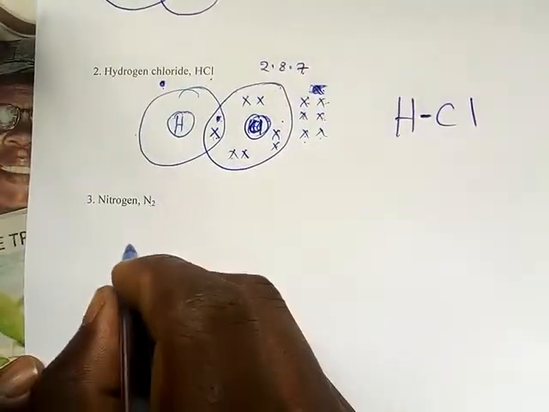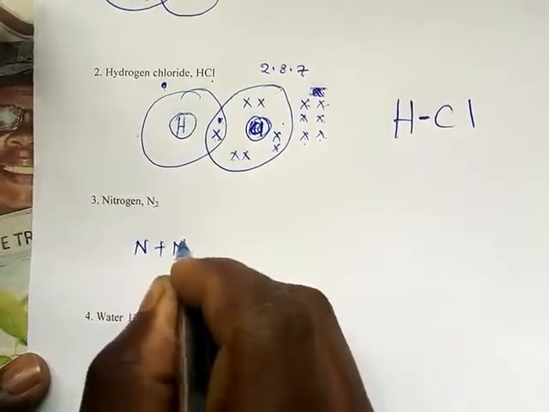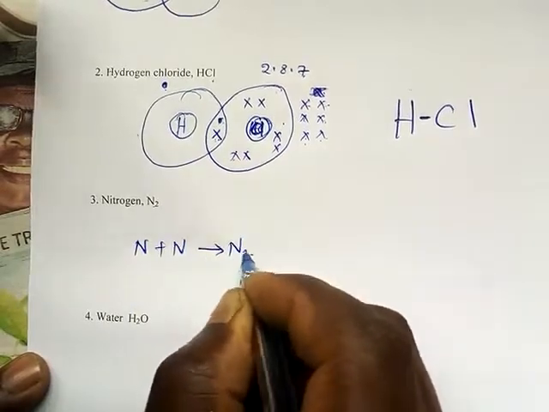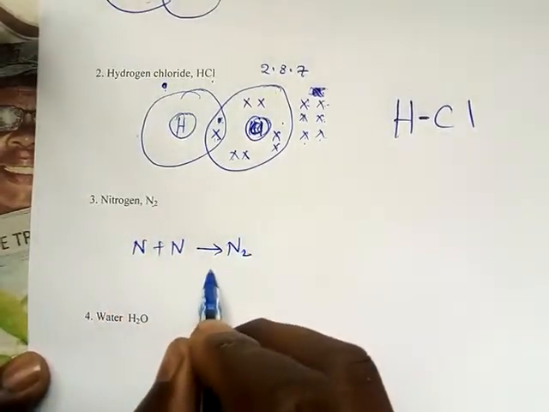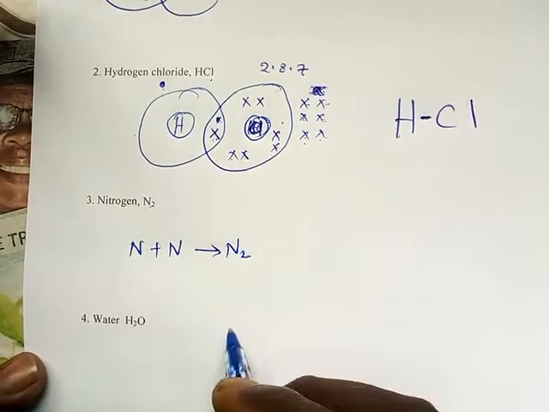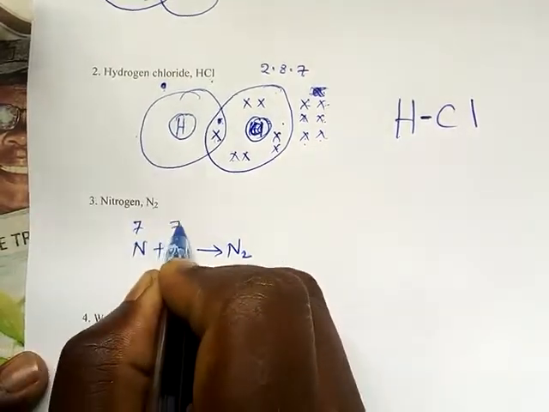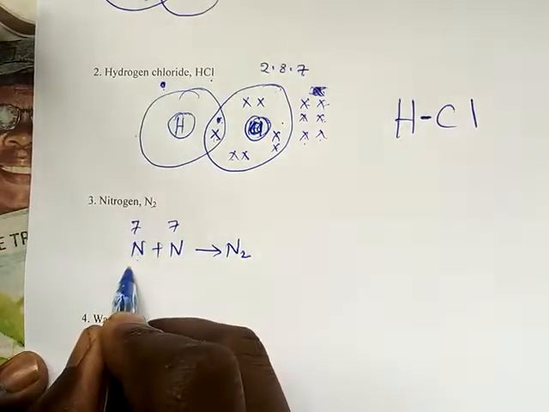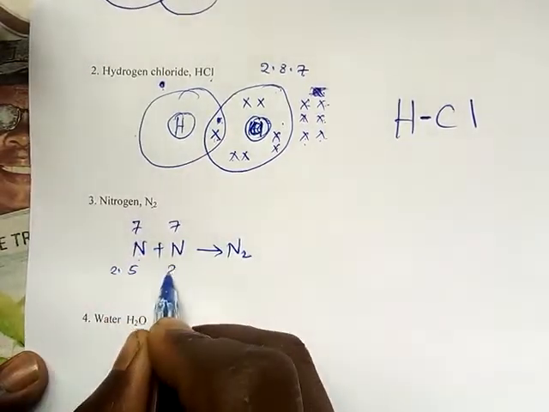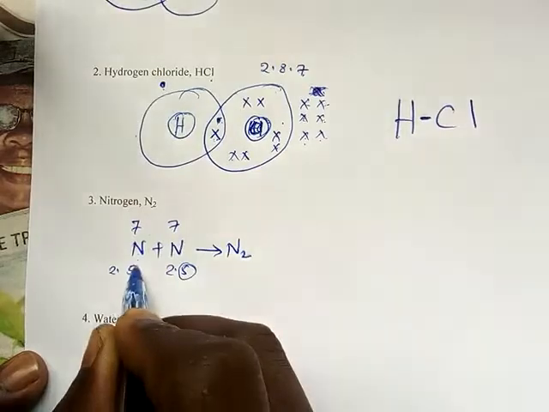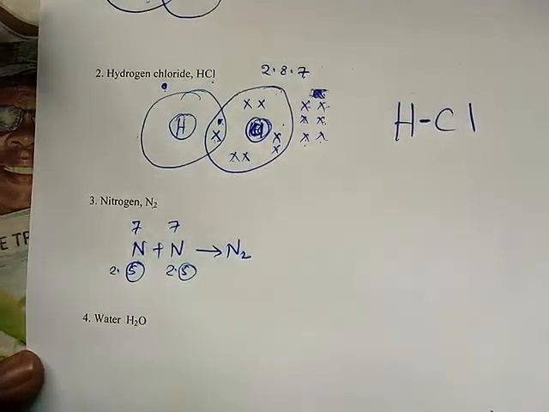Two atoms of nitrogen, nitrogen plus nitrogen, form N2. They covalently bond like this, forming a bond. So how do they do that? Nitrogen is atomic number 7, so in the outermost energy level it has 5 electrons, 2 and 5, 2 and 5. These are the electrons that are involved in bonding, like we said.